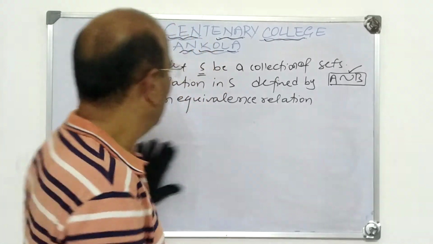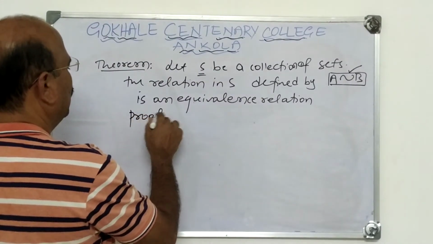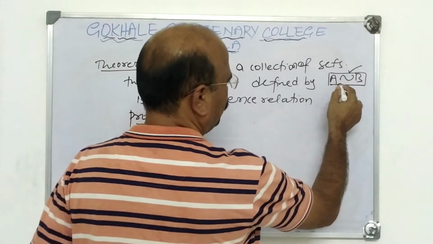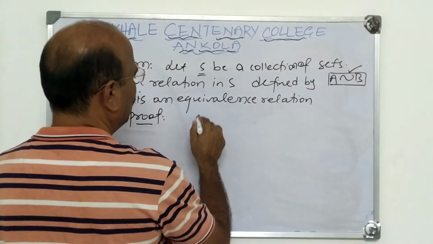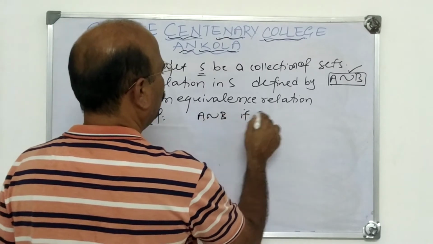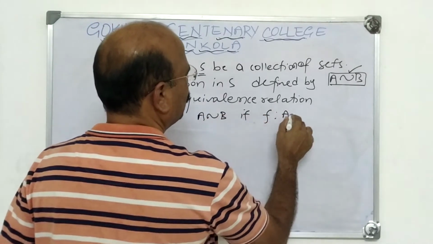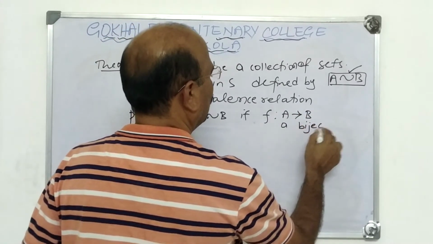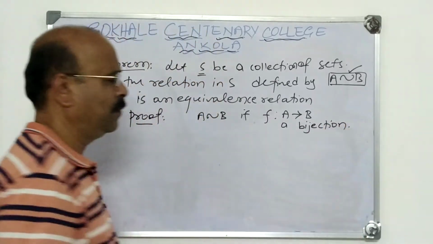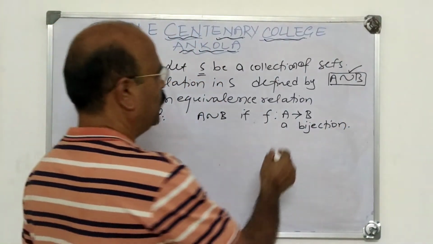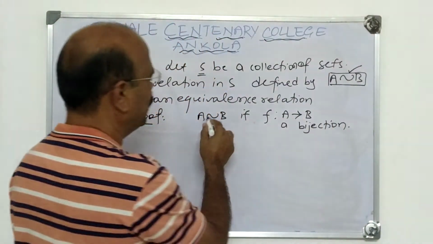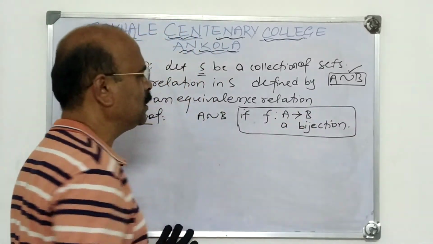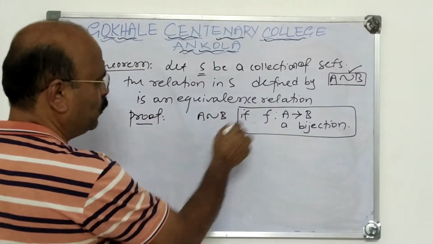Now, when you say that two sets are equivalent, it means we say that A is equivalent to B if there exists a function f from A to B which is a bijection. Now the proof is like this.